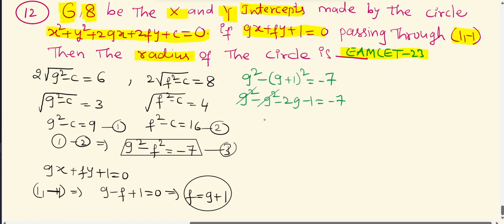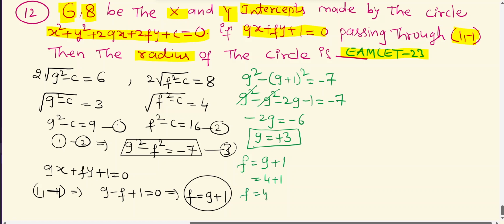Here g square cancels. From this, minus 2g is equal to minus 6. So g is equal to 3. So this is the g value, and the f value: f is equal to g plus 1, that is 3 plus 1, therefore f is equal to 4.